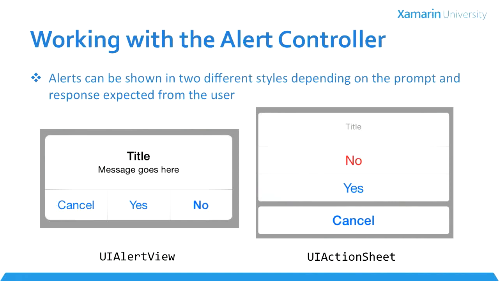Now, iOS 8 is really all about adaptive design, or making the best use of the physical screen space we have on individual devices. And so to that end, iOS 8 now deprecates both of these functions, and they've been replaced with a single unified API. And it's actually able to show both of these visual styles and several others as well.